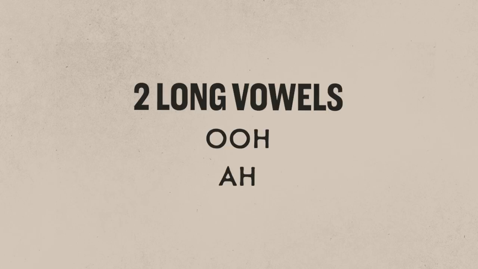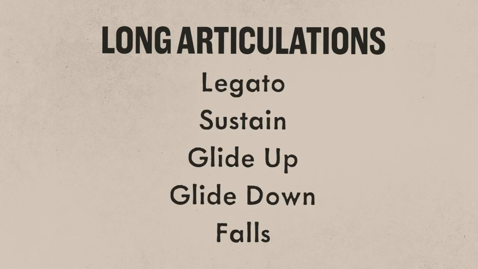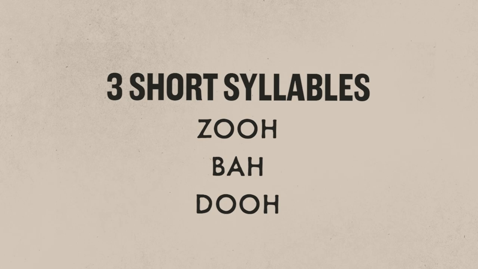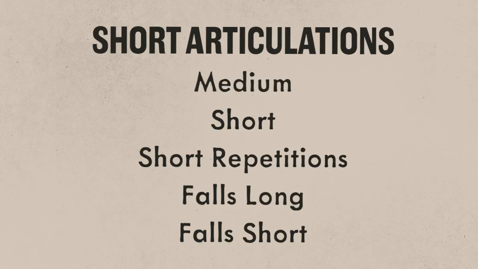So what's included? There's 2 long vowel / vocalise patches, oo and ah, each of which has 5 articulations. There's 2 legato modes and special release samples. Then we have 3 short syllables, zu, ba, and du, that also each have 5 articulations, including a special short note repetition feature.